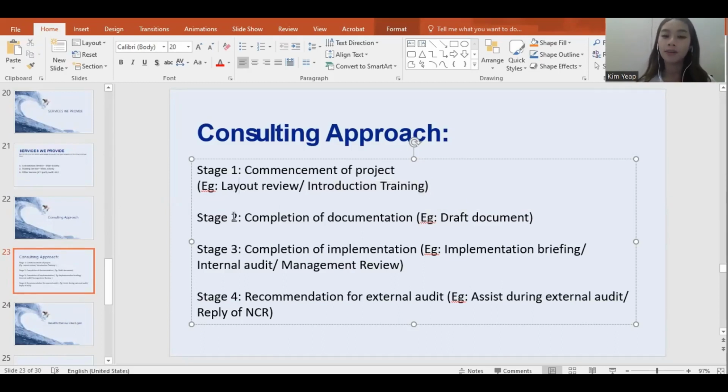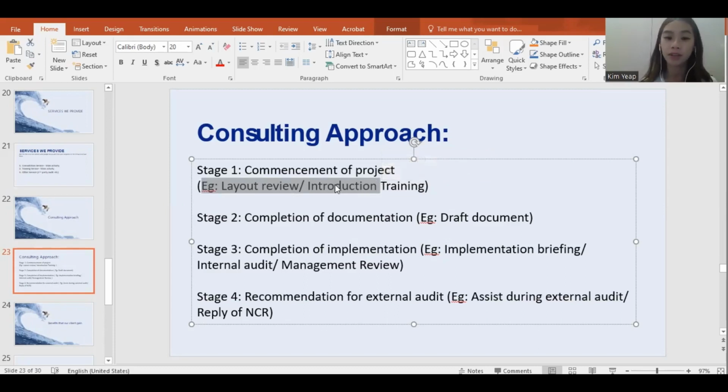No, this is just an example of the basic activities we do, because some ISO standards require more training. Other than introduction training, they will require other trainings here. So this is just an example of the basic activities that we do during the consultancy approach.